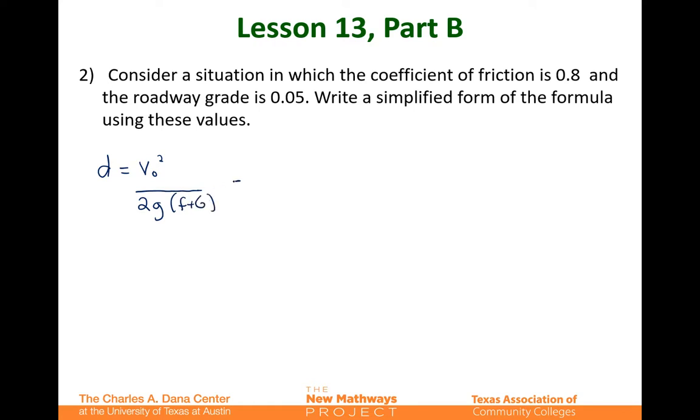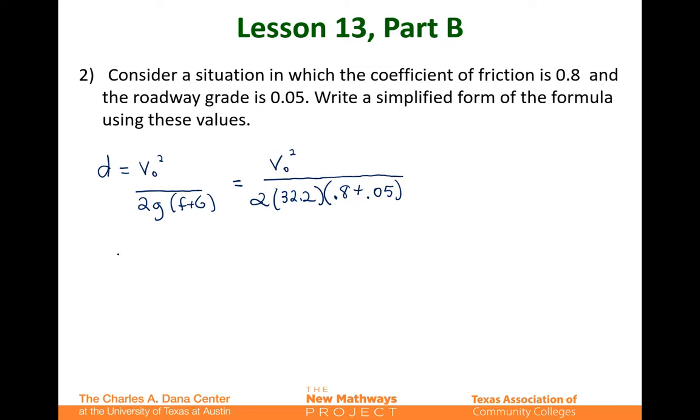I assume we're going to be working in feet, so I'm going to put in little g as 32.2 feet per second squared. F, of course, is going to be 0.8. The roadway grade is 0.05.